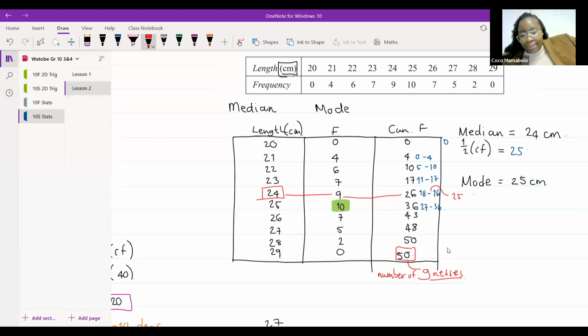Correct. Good. Now, what did the 25th person guess? The 25th person is in this interval over here. What did they guess? They guessed that the rod was how long? 24 centimeters, correct.